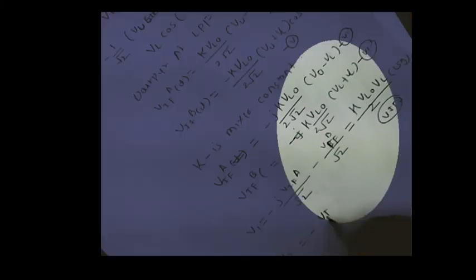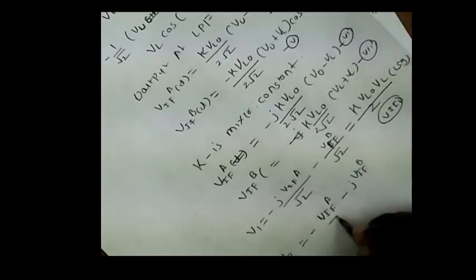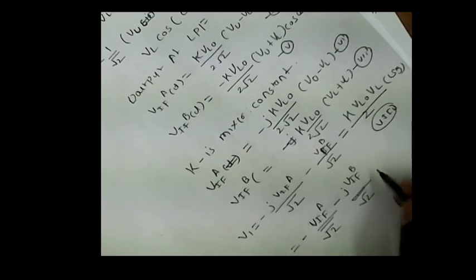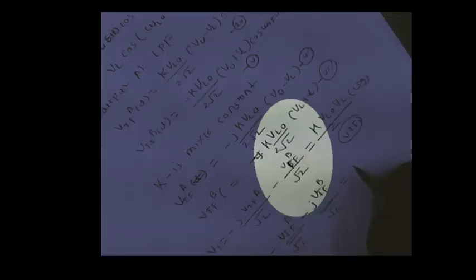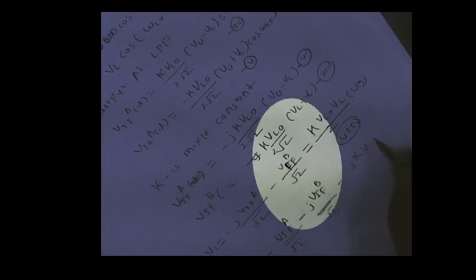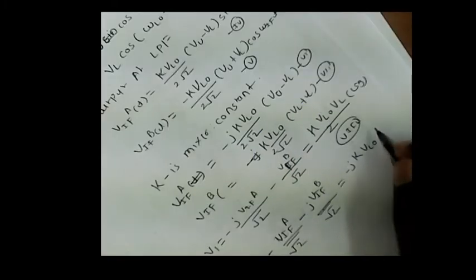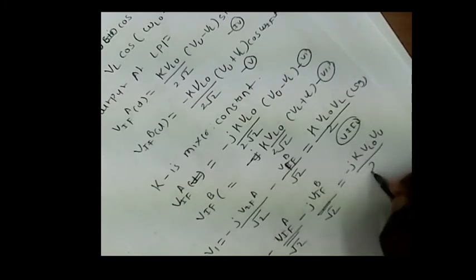So minus intermediate voltage at point A minus j intermediate voltage at point B divided by root 2, which is equivalent to minus j K VLO into amplitude of the upper sideband divided by 2.